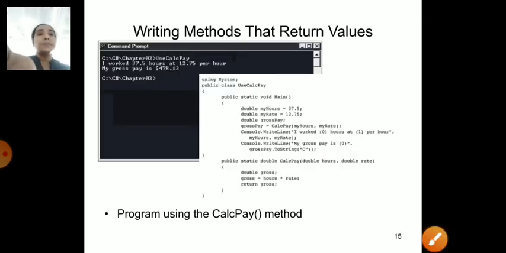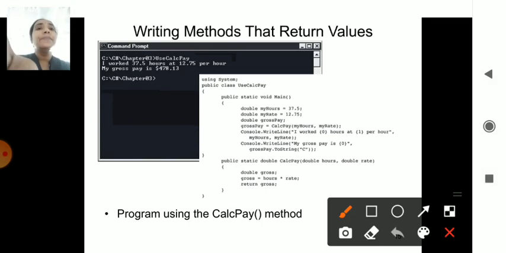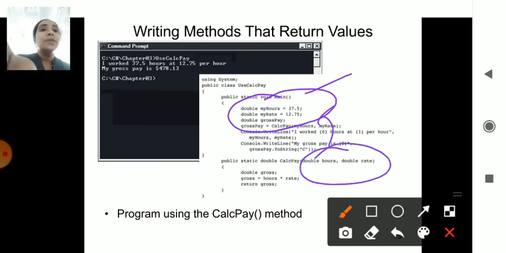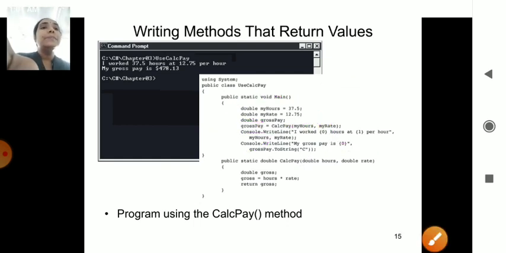In the example you can check here, both things are mentioned in the program. In the main method you have the variables my hours, my rate, and the gross pay. In another method being called here, that method takes multiple arguments. That is an example of multiple arguments, and it returns a value. Here the gross pay is being calculated. Gross pay is nothing but calPay, myHours, myRate.